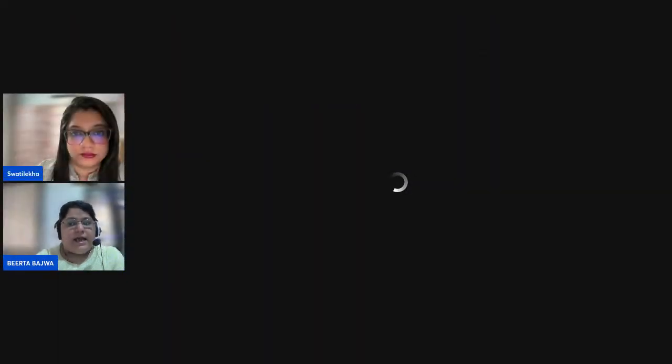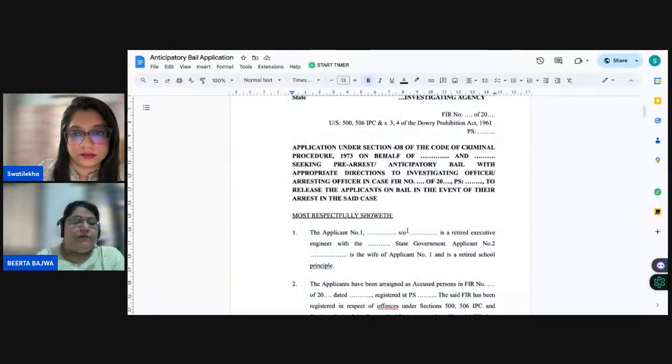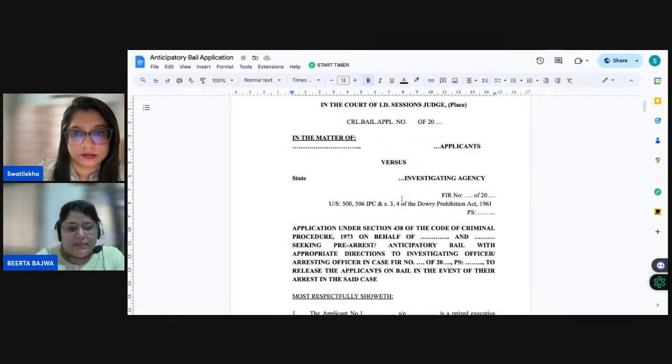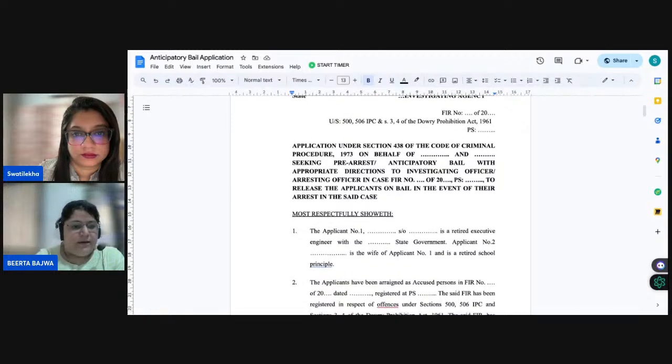Now, coming down to your anticipatory bail application. What exactly do you mean by anticipatory bail application? Anticipatory bail application means, as the word says, that you are anticipating that you are going to be arrested. You are not arrested, you are not in custody, okay?